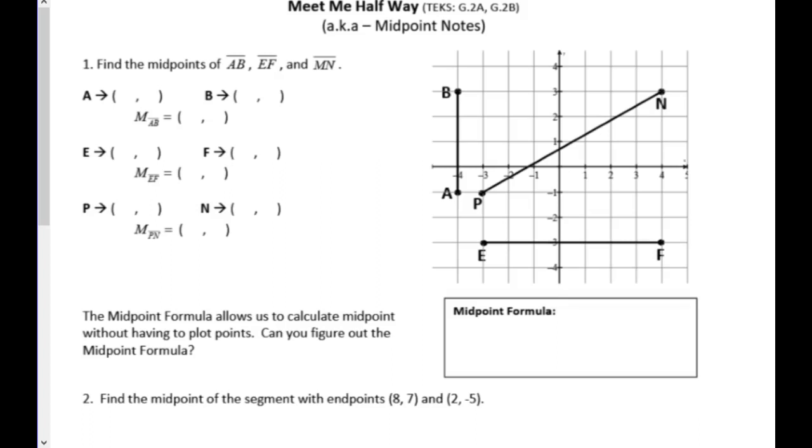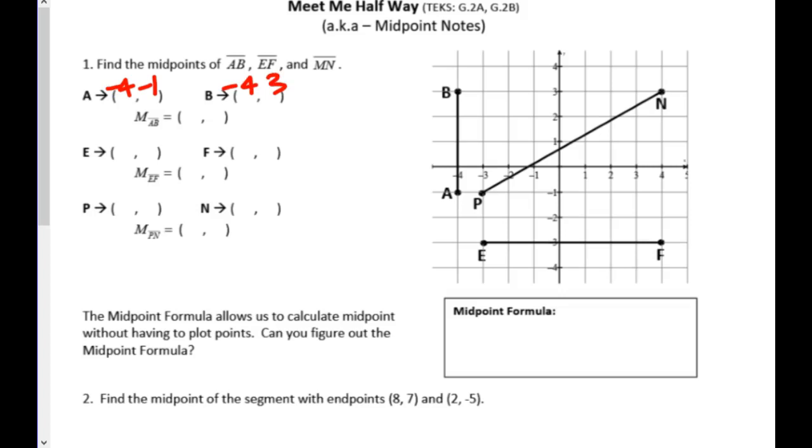So on letter A, what is the coordinates of A? -4, -1. Okay, B, and everyone's staying focused with me, right? So letter B is what? -4, 3. Does everyone see how you're always giving me an X and a Y?